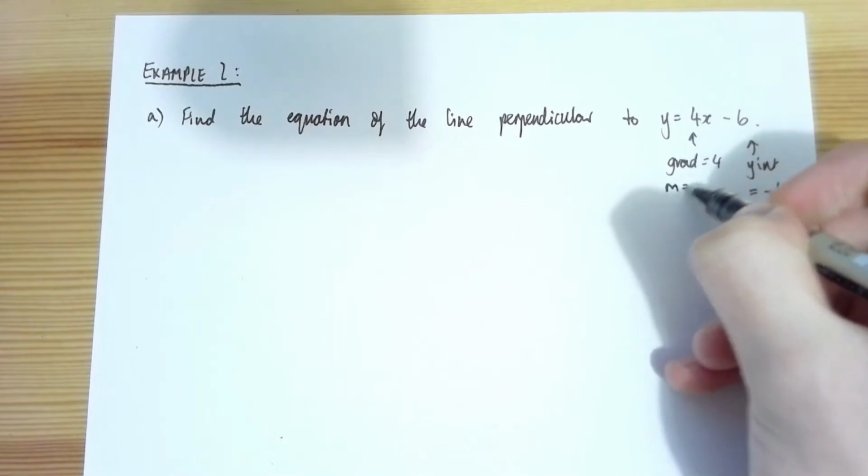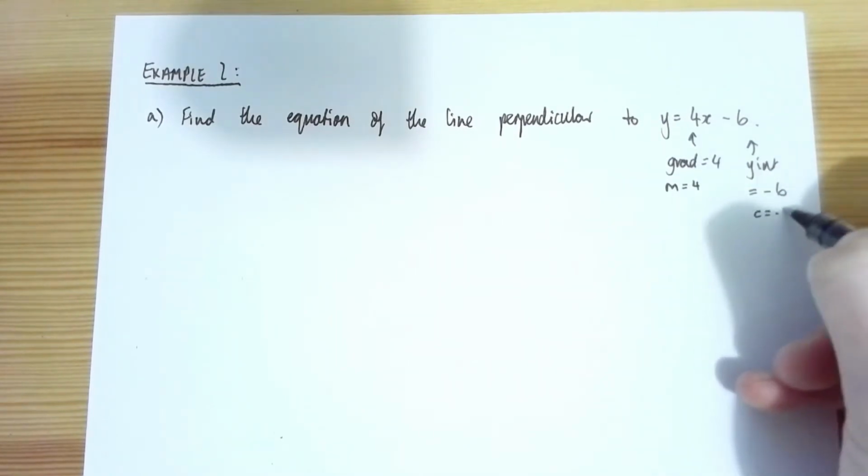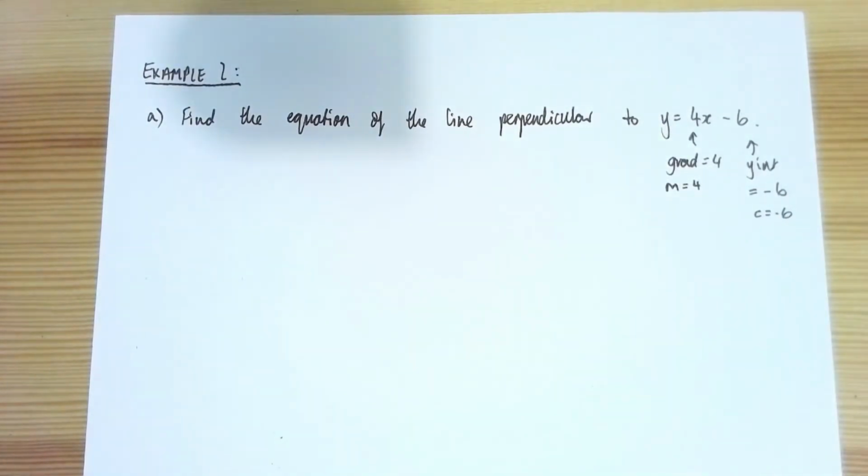So therefore, m is 4 and c is minus 6 for the line given. But we want the equation of the line perpendicular to this, so the line that meets this line at 90 degrees.